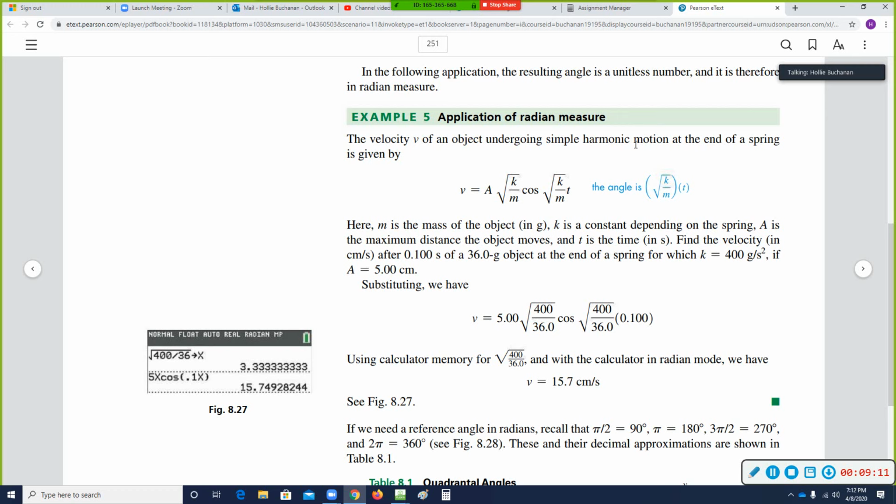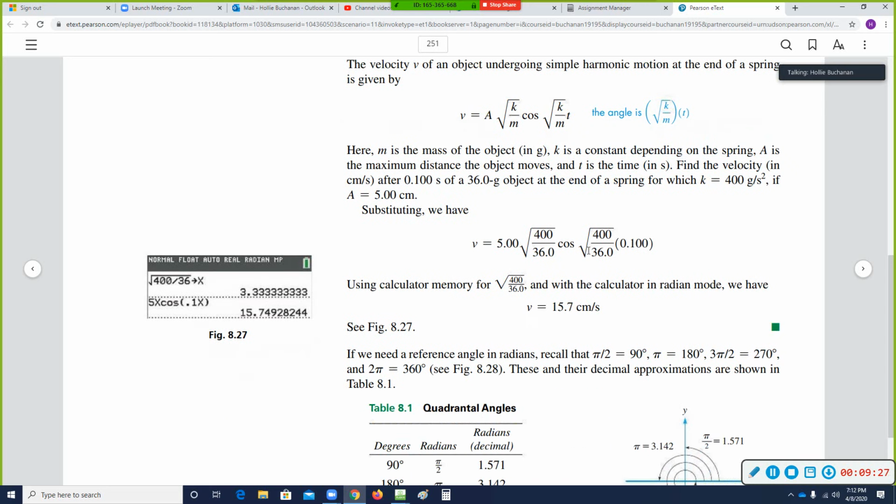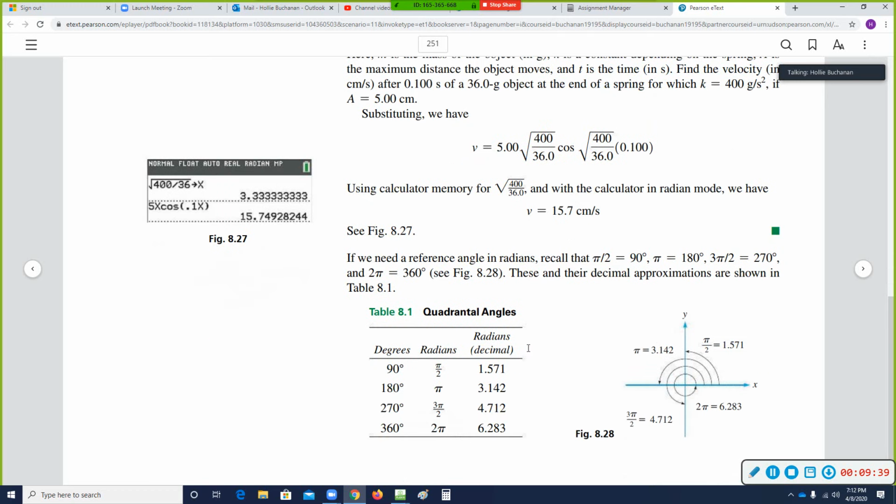Velocity of an object undergoing simple harmonic motion at the end of a spring is given by this formula, where this is just a constant multiple, and this angle is measured in radians. So if we just store this value and have this calculator in radian mode, then whatever this is, I can just plug in.